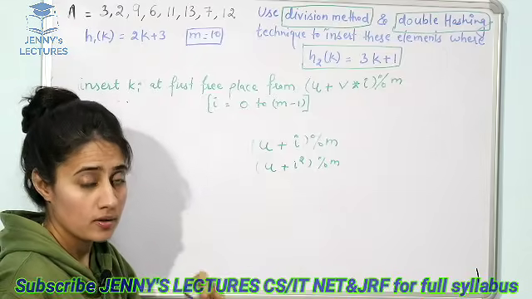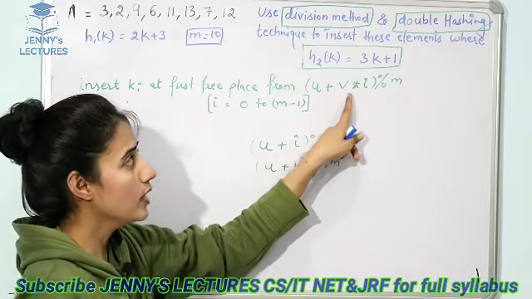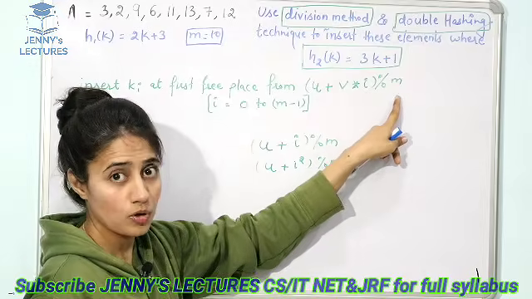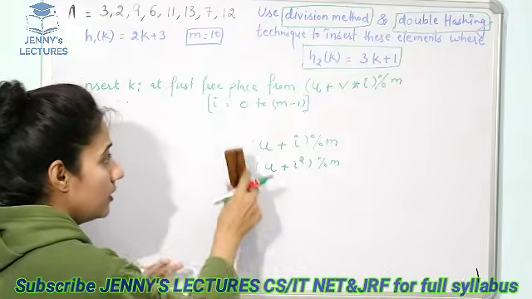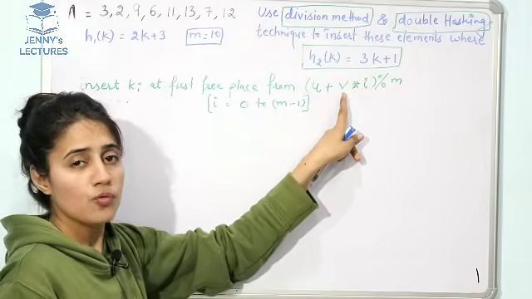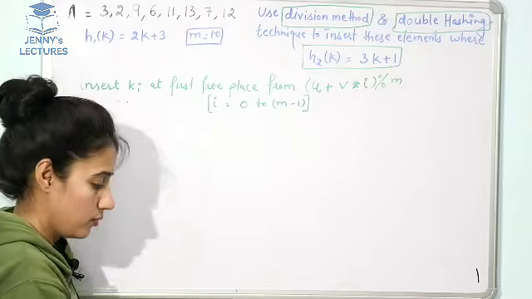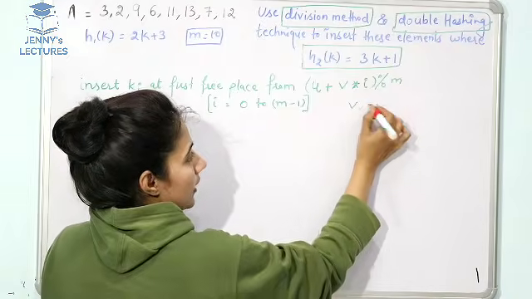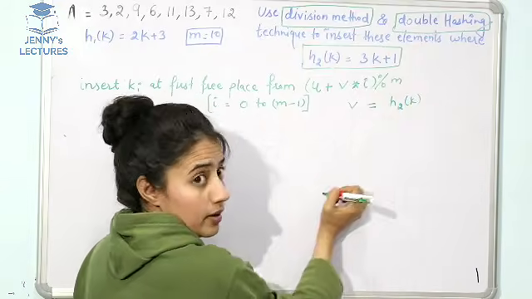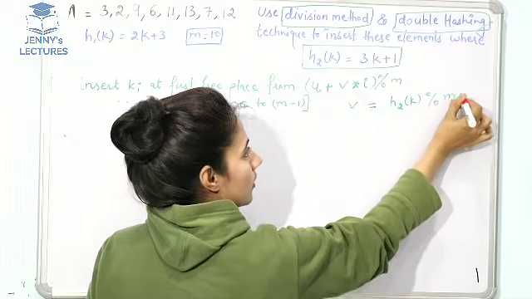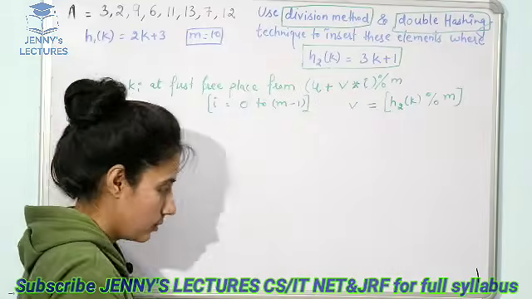But what is there in the double hashing technique? You have to insert k at the first free place from (u + v * i) mod m. We already know what u, i and m are, but what is v now? Here the double hashing funda comes. You will calculate the value of v using the second hash function: v = h2(k) mod m, because we are using the division method.